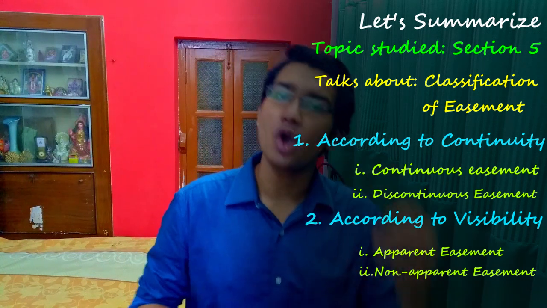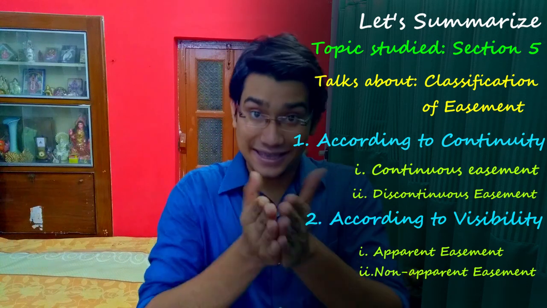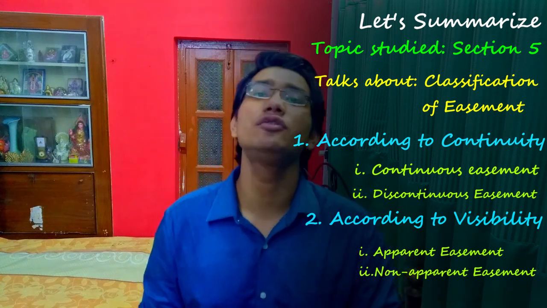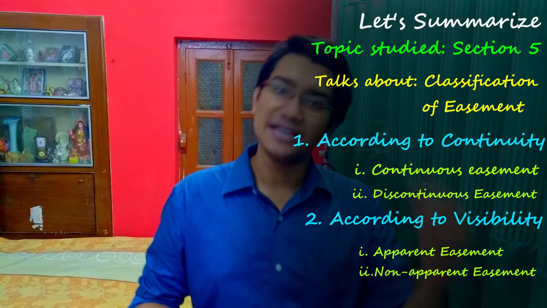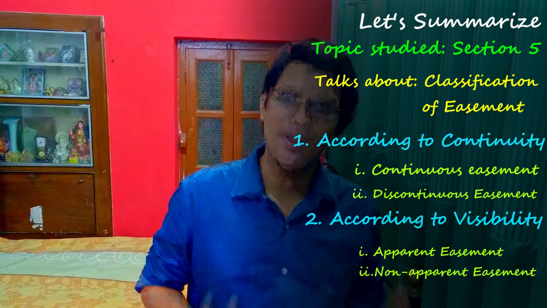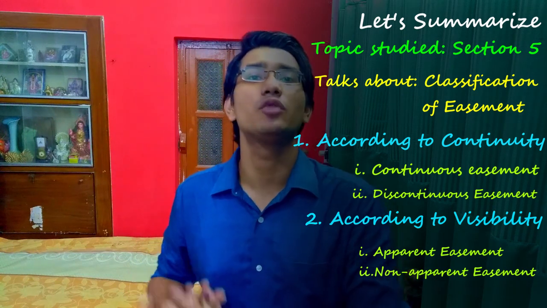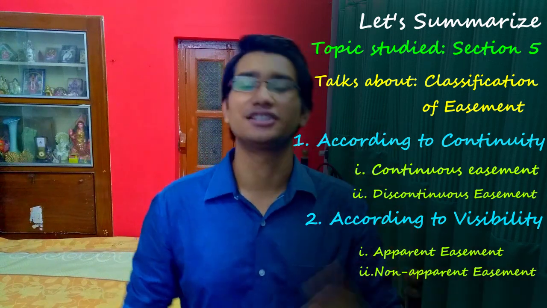Next we got non-apparent easement, where the visible signs of the easement do not exist. A neutral spectator cannot, by just looking at the scenario, tell that an easement right exists. Here we got the example of the two lands and the well again, but in this case the water was drawn physically by means of a pulley by the owner of the adjacent plot of land.